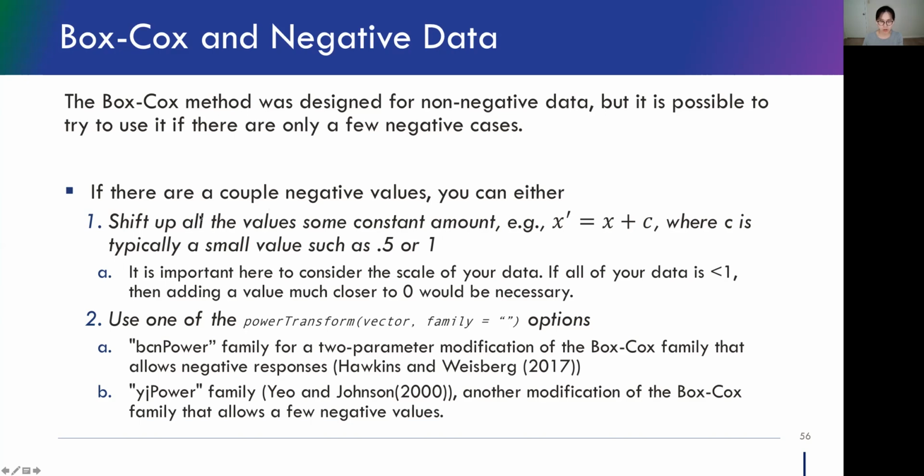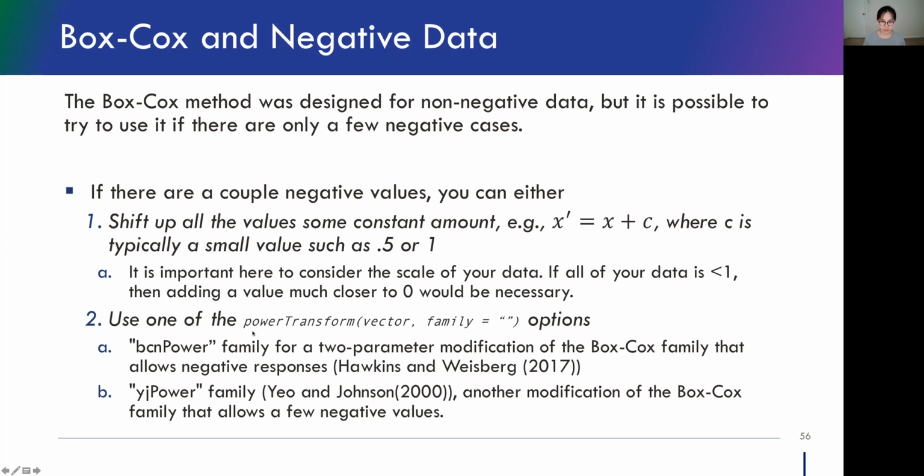The first approach: if there are a couple of negative values, you can just add a small amount to your data. Typically, this value is small, like 0.5 or 1. But if your data is in general small, you should add a value much closer to 0.